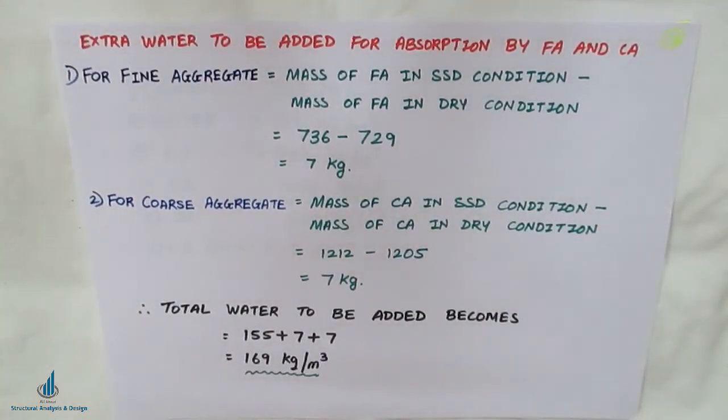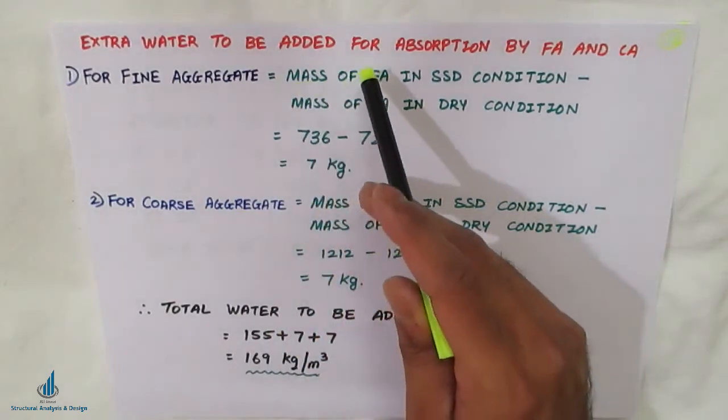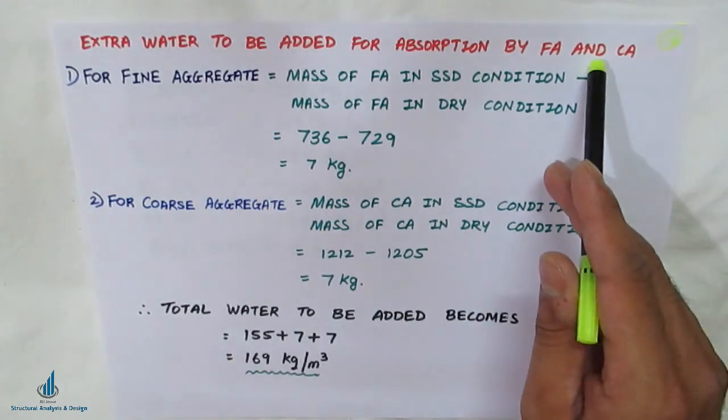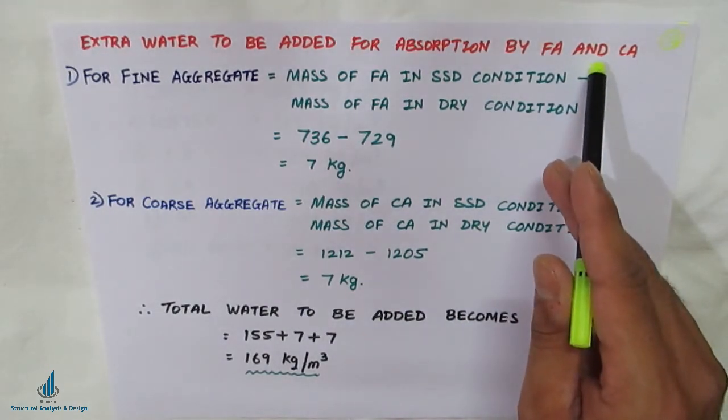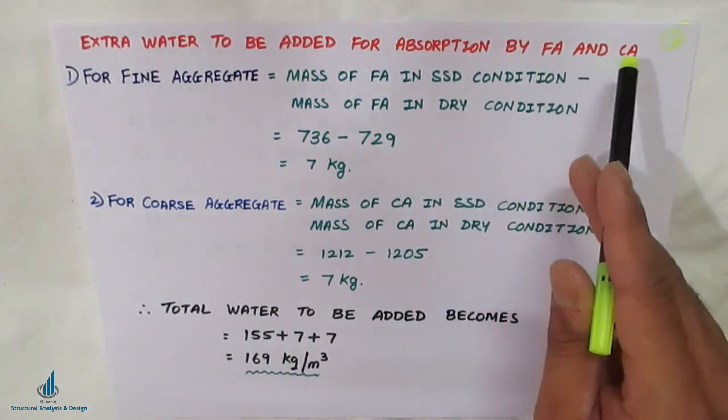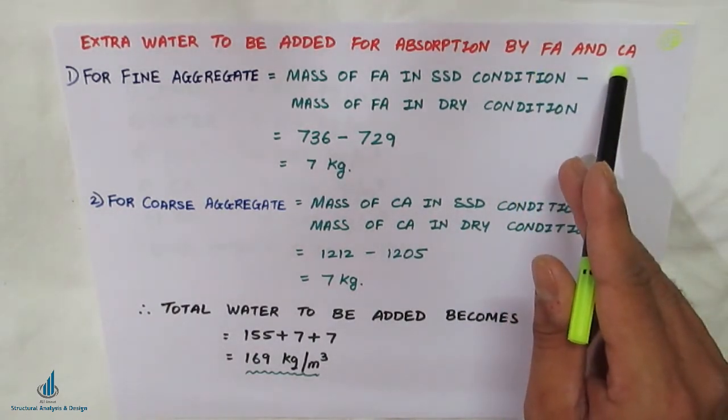Now extra water has to be added for absorption by fine aggregates and coarse aggregates. By testing we came to know that fine aggregates water absorption is 0.9% and coarse aggregates is 0.6%.